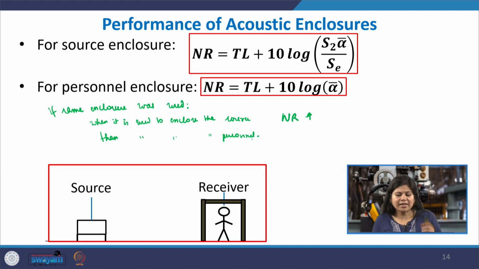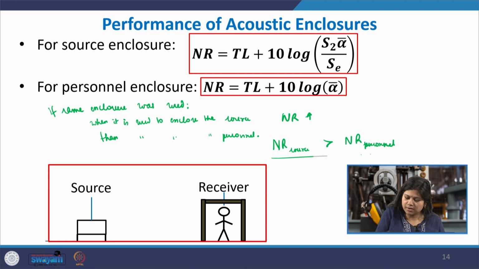So, the NR when used on the source would be greater than the noise reduction due to the enclosure being used on the personnel, if the enclosure is the same.